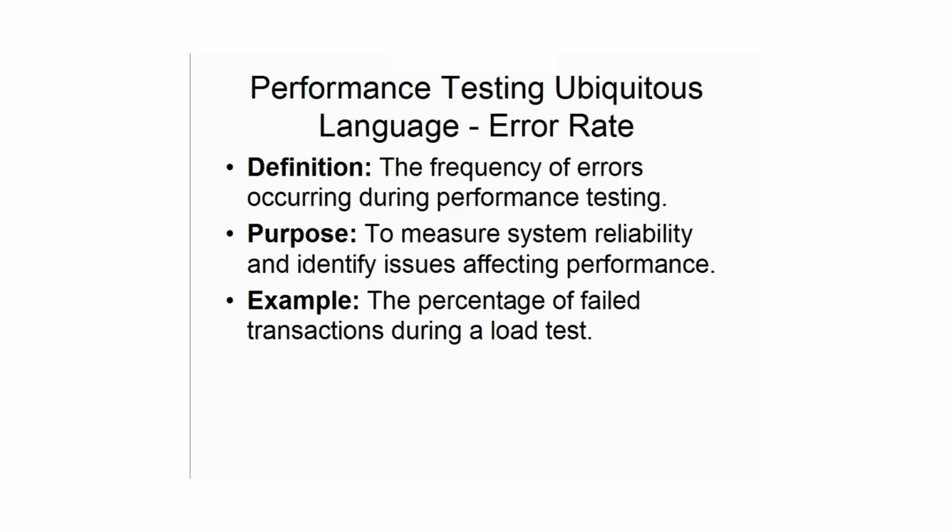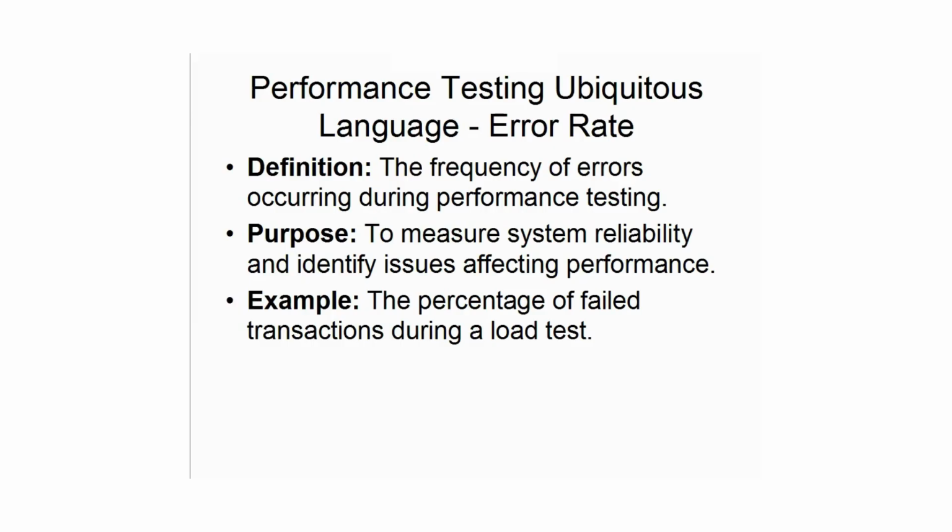What is error rate? Error rate is the frequency of errors occurring during performance testing. It is used to measure system reliability and identify issues affecting performance. For example, the percentage of failed transactions during a load test. I could say here about error rate that it is used to determine if a test is good or not.